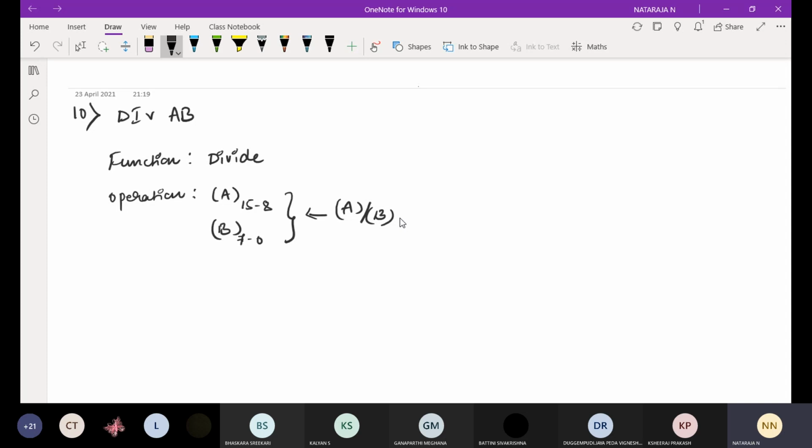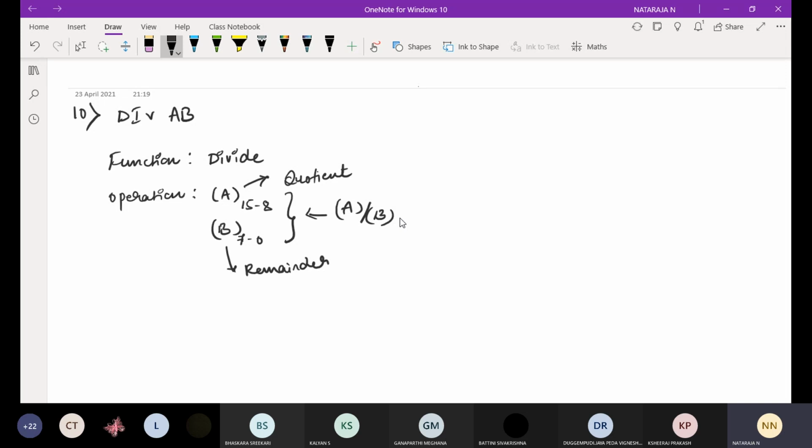The quotient will be stored in your accumulator and the remainder will be stored in the register B. That is the meaning of this A and B.